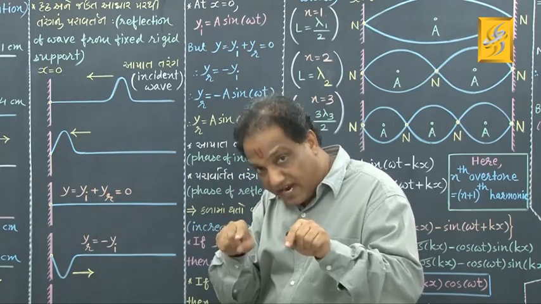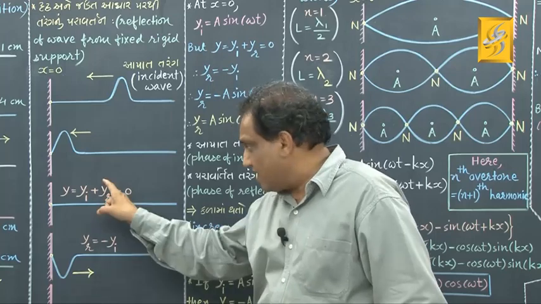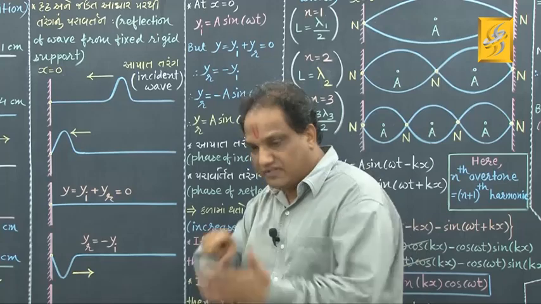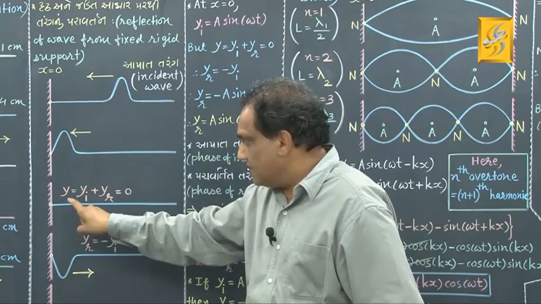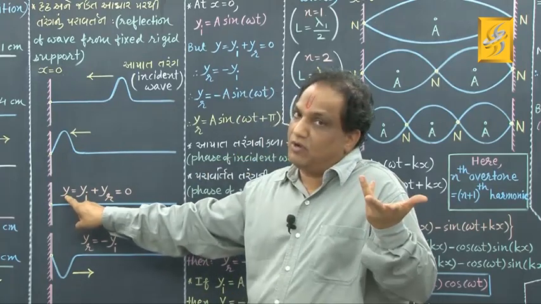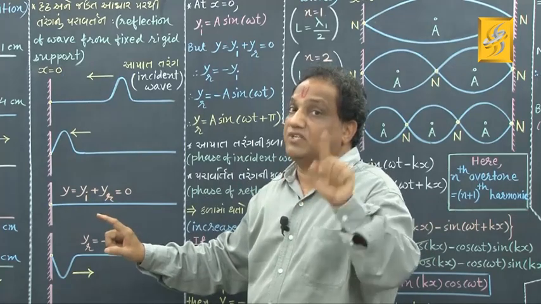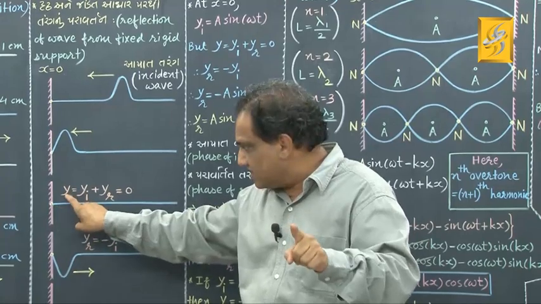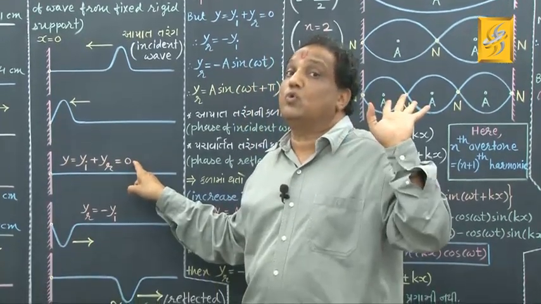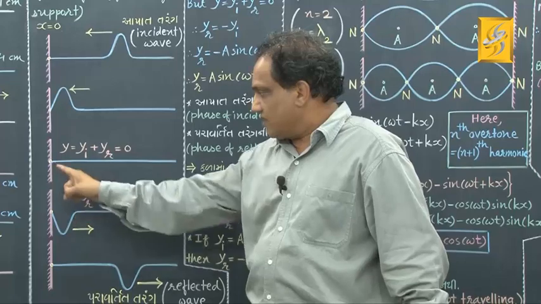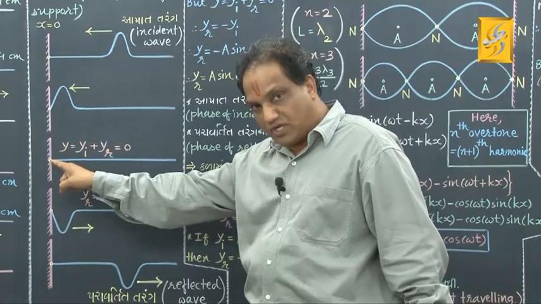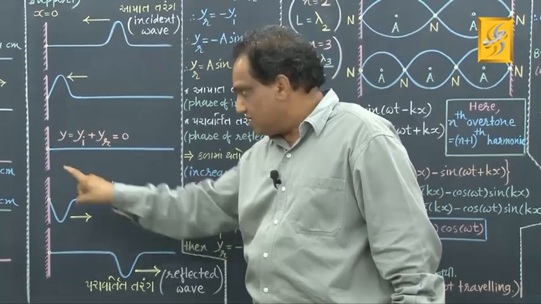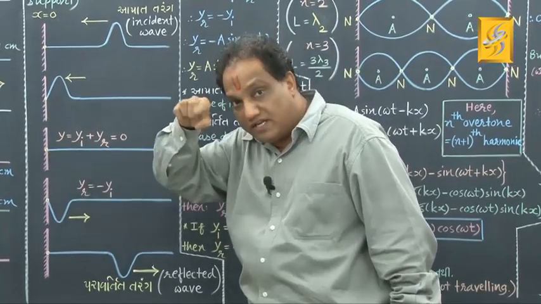Under the influence of the reflected wave, the displacement produced is suppose Yr, R for reflected. And because that particle is fixed in the rigid support, the resultant displacement according to the principle of superposition should be Yi plus Yr. But because this particle is fixed in the rigid support, this resultant displacement must be 0. Correct? Fine. That's why, at the time of superposition, I am showing the string horizontally, because the resultant displacement produced in this particle is 0.